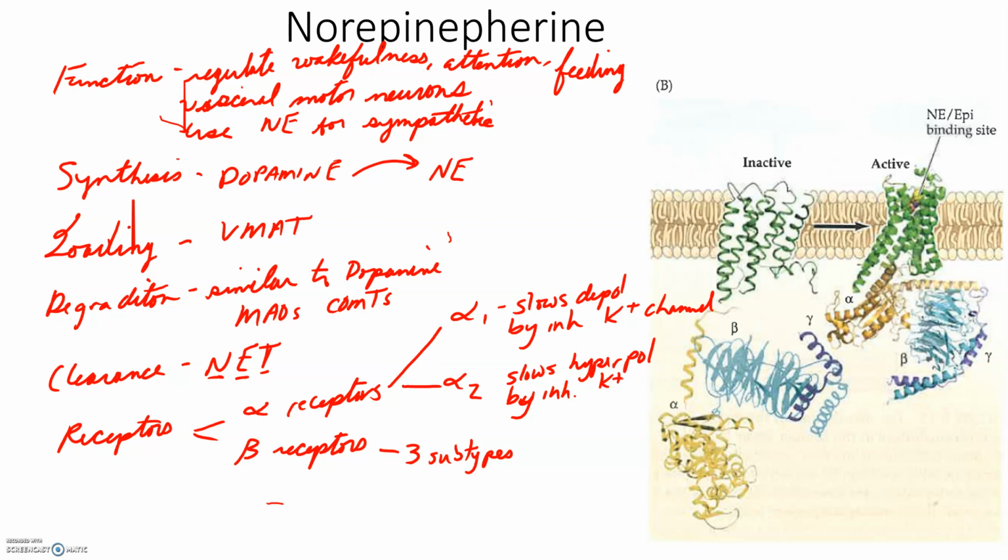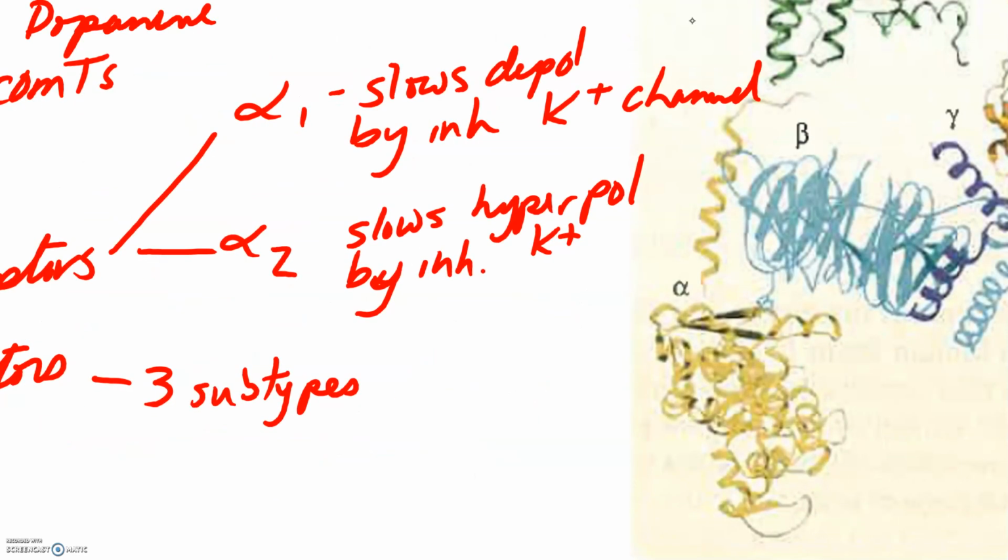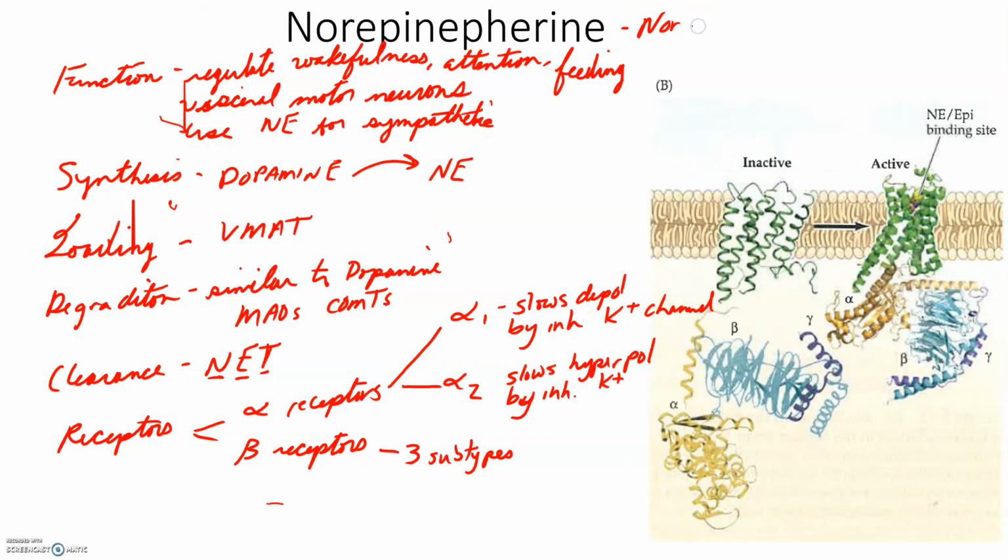I mentioned a term that I don't think I talked about. Another name for norepinephrine is noradrenaline. And so these receptors are called adrenergic receptors after adrenaline.